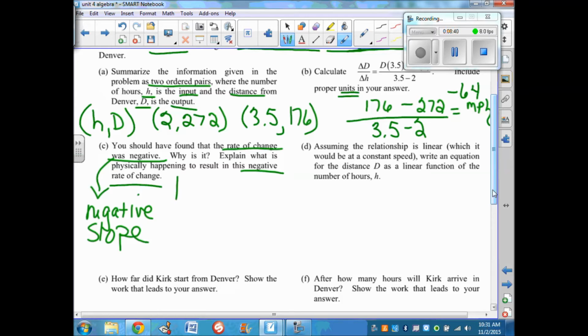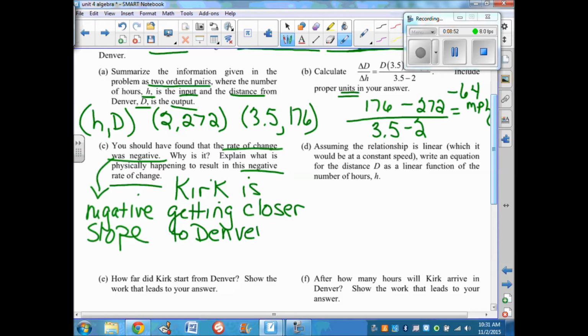Kirk is getting closer to Denver. In other words, as time increases, his distance from Denver, that's the key word, from Denver, decreases, indicating that negative rate of change.